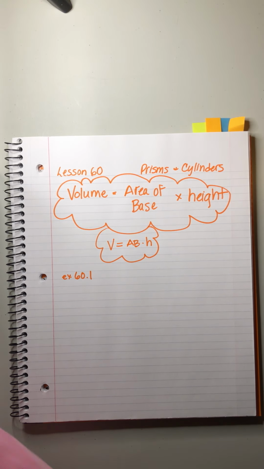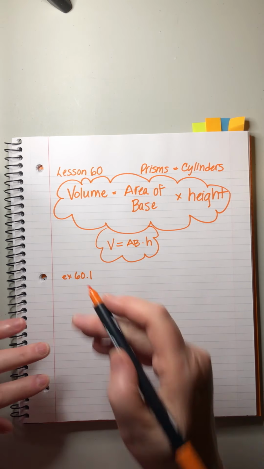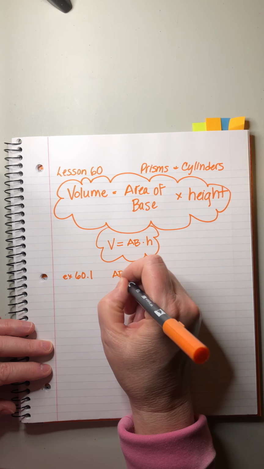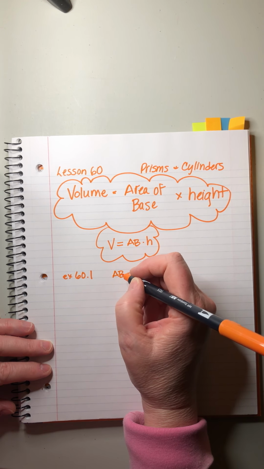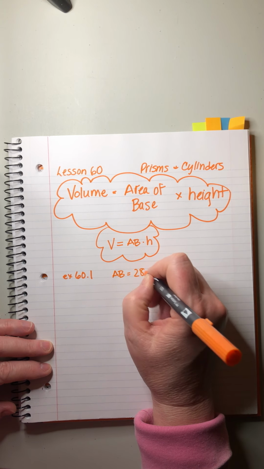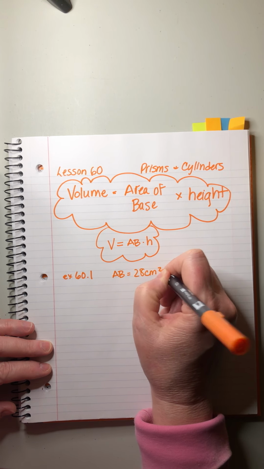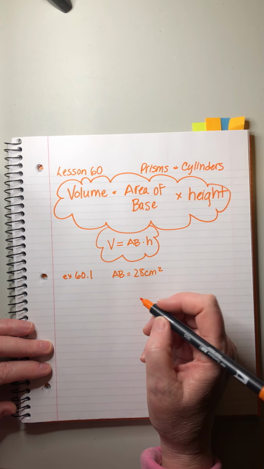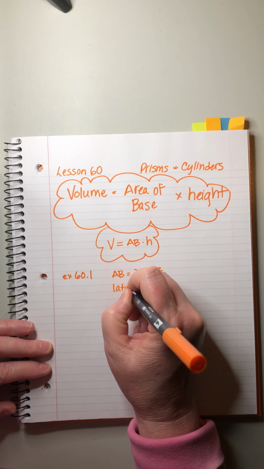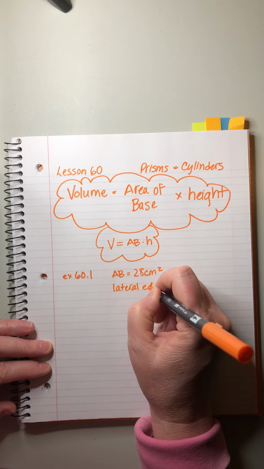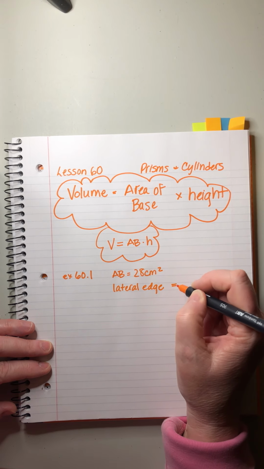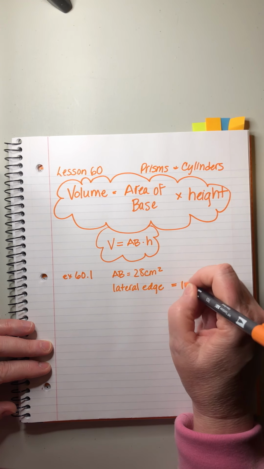Okay, so we get all nervous because we go, it's a pentagon. How am I going to find the area of the base if it's shaped like a pentagon? Guess what? John tells us. He says the area of the base equals 28 centimeters squared. And then he said the length of the lateral edge equals, what did he say, 10 centimeters?